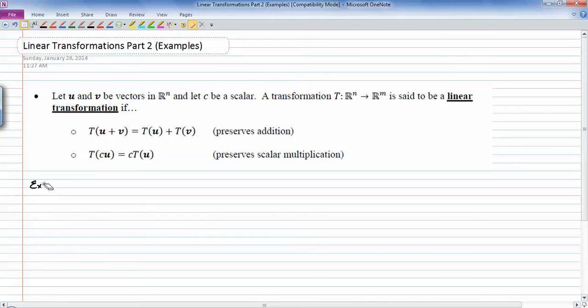Okay. So, example one. Show that the transformation defined as taking the point (x, y) and converting it into the point (3x + y, 2y, x - y) defines a linear transformation.